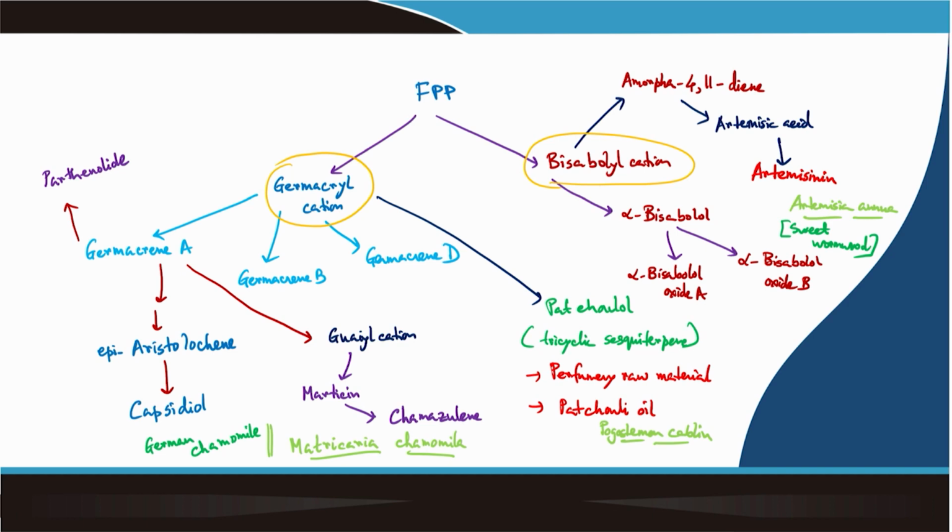From the germacryl cation, we will see the formation of germacrene, parthenolide, capsidiol, matricine and chamazulene. So, chamazulene and matricine are the components of this matricaria essential oil, whereas capsidiol is basically a phytoalexin compound which is accumulated in the plants to protect against fungal attack.